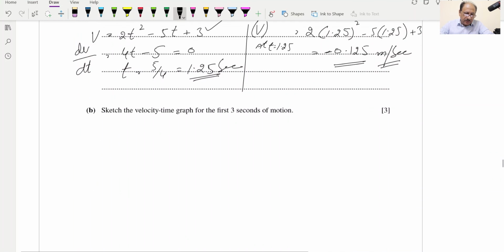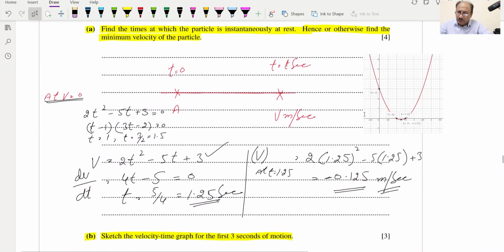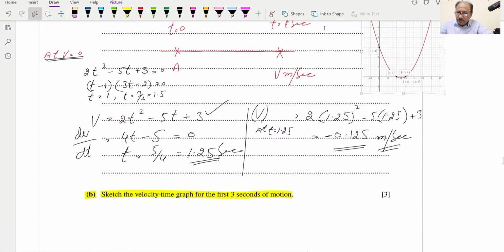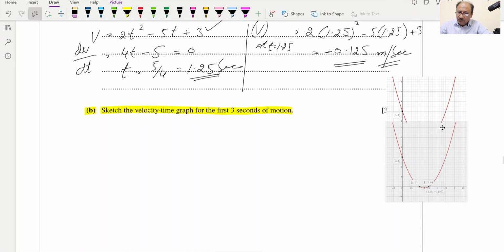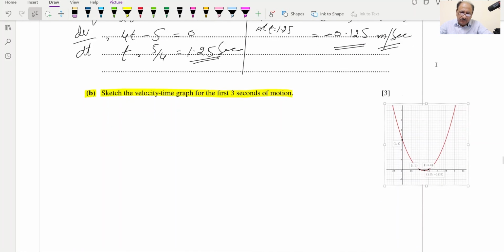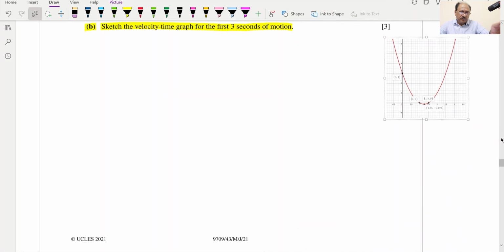And now part B says sketch the velocity time graph for the first 3 seconds of motion. For this section, I kept this drawing. I will move over here and we will discuss in a while. Now we can sketch this.